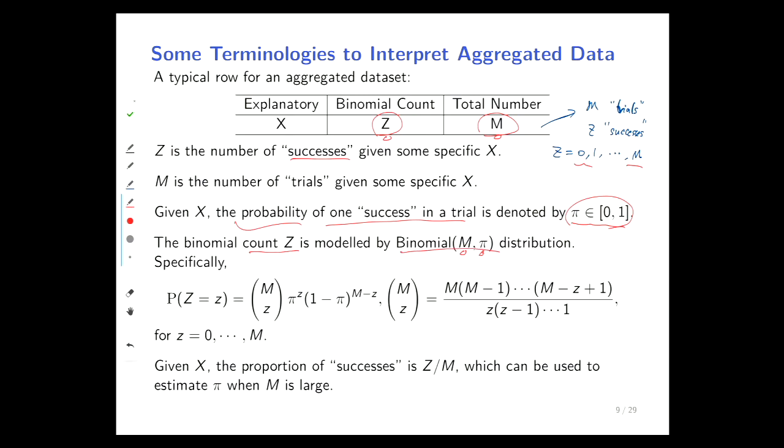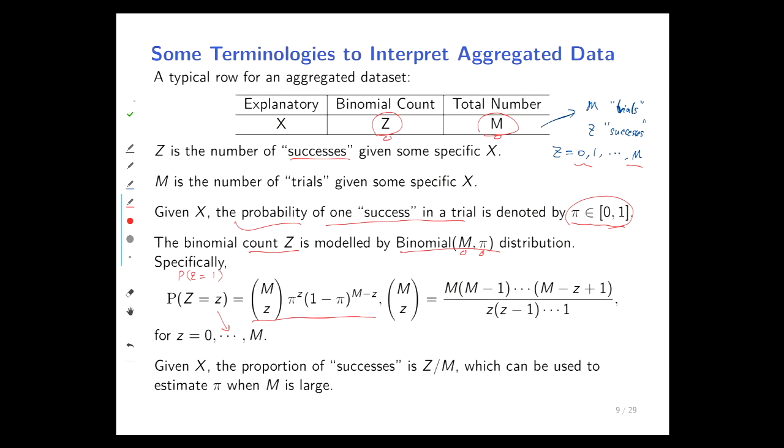But what's the binomial distribution? Here it is the probability that z equals some value. The lowercase z is actually from 0 to m. For instance, z can be 1, so z equals 1. The probability of z equals 1, or z equals 2, and so on, can be represented by this formula.